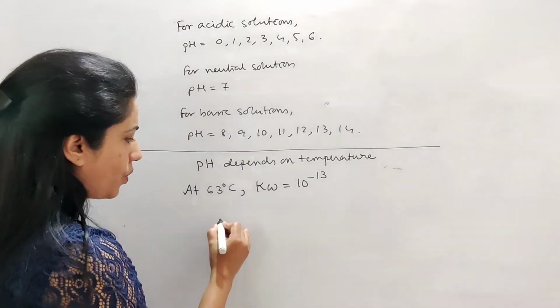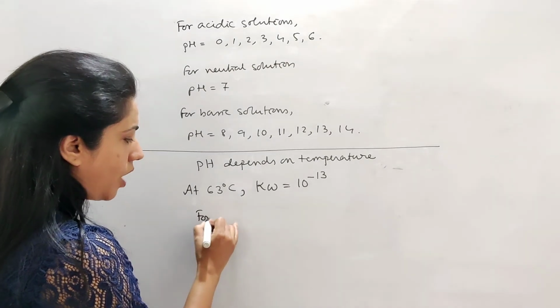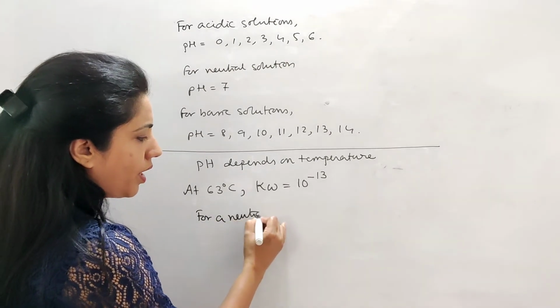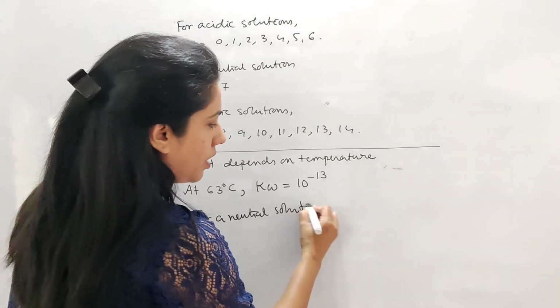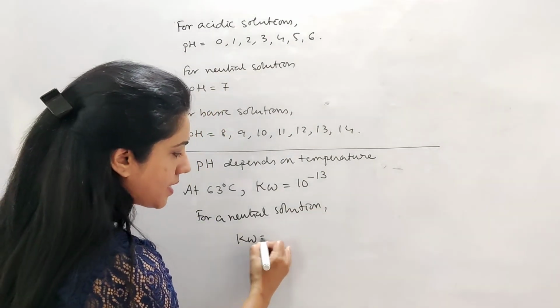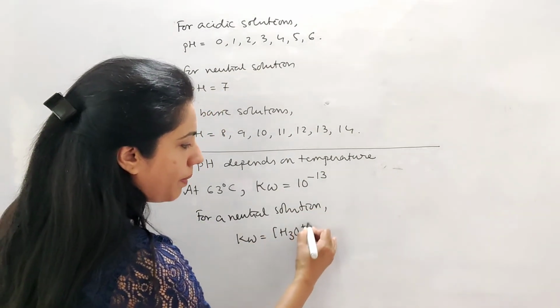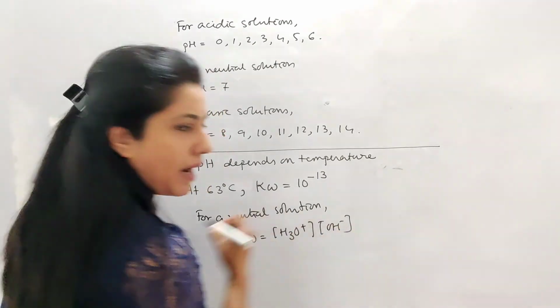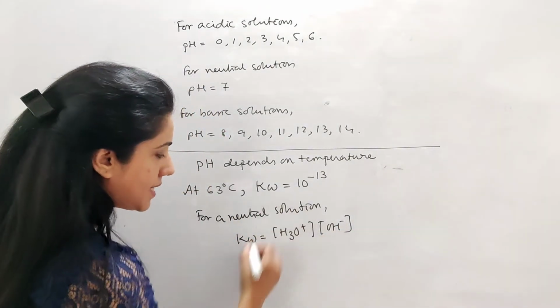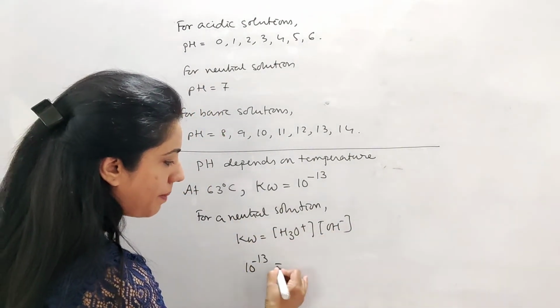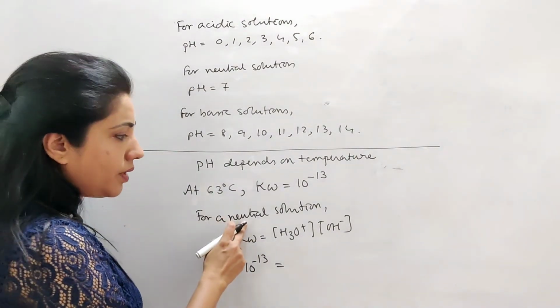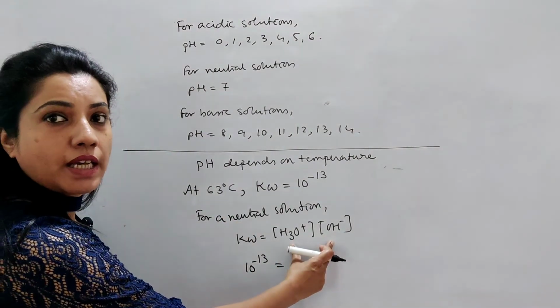Now let us see. So for a neutral solution, now what will happen? For a neutral solution, we can write Kw is equal to concentration of H3O plus into concentration of OH minus. At 63 degrees Celsius, Kw has come 10 raised to power minus 13. For a neutral solution, we know that each concentration is equal.